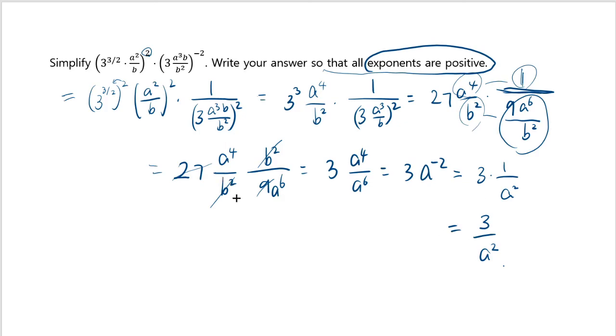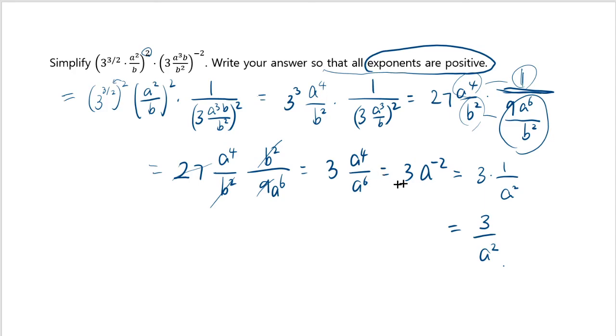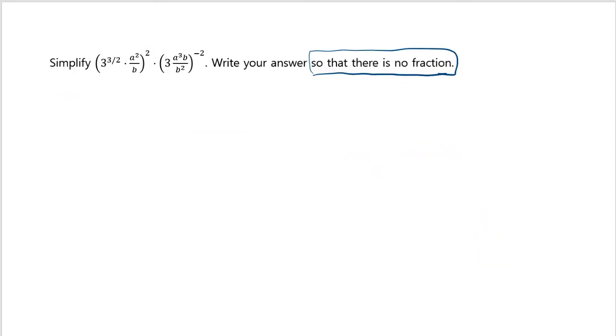However, if it's the same question, but it says write the answer so that there's no fraction, in that case you want to write it this way, 3a to the negative 2, because here there's no fraction at the cost of having a negative exponent.